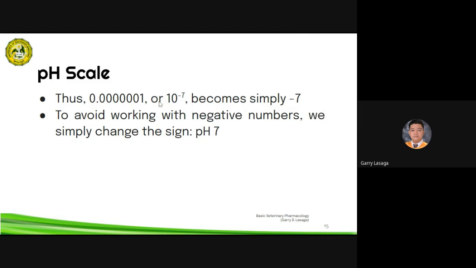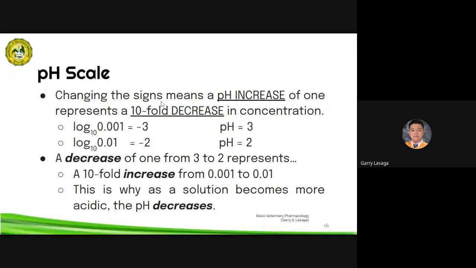So when the exponent is negative, it means the concentration of that particular molecule in the solution is very small. So when a solution has a pH of 7, this is the relative concentration of the hydrogen ions in the solution.